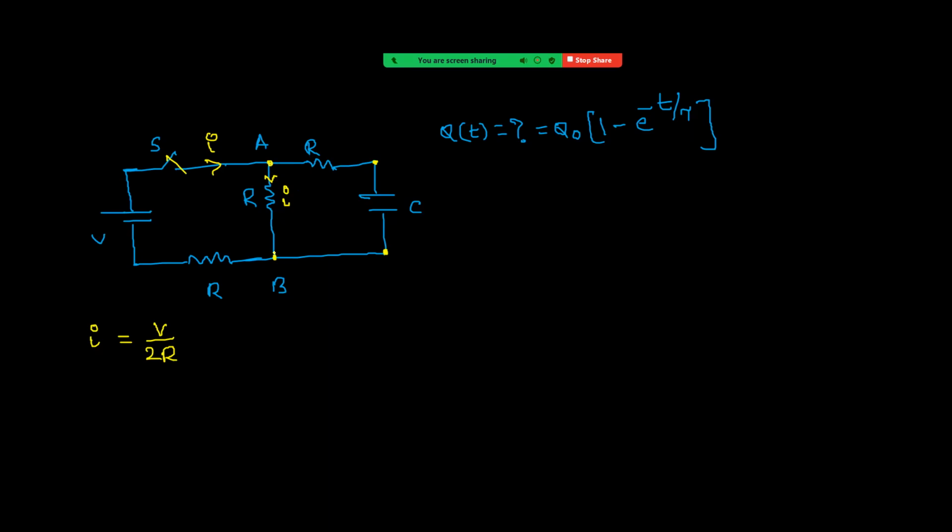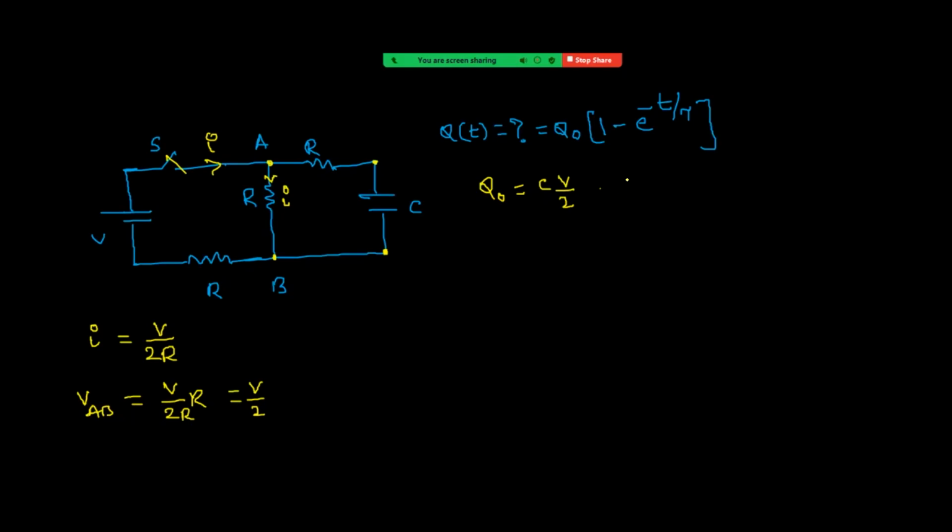So across AB, potential difference is current V by 2R into its resistance. That is now V by 2. So across capacitor, potential difference how much? V by 2. That is maximum. Therefore, maximum charge how much means C into V by 2. That is Q naught.